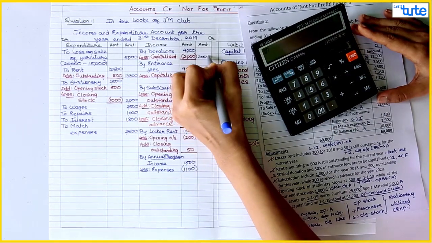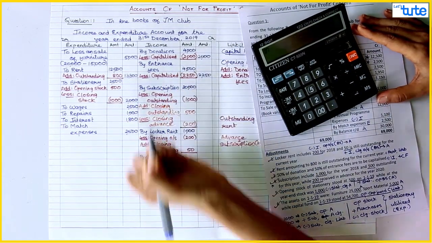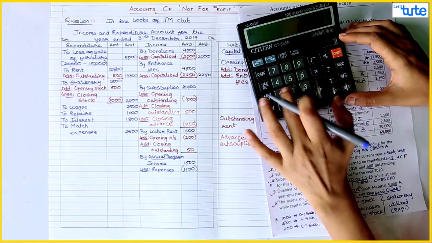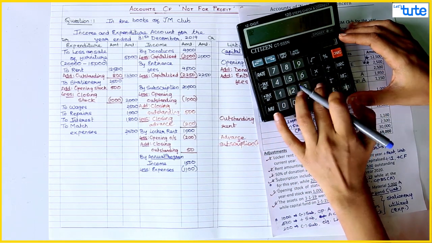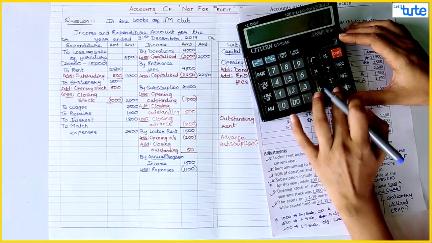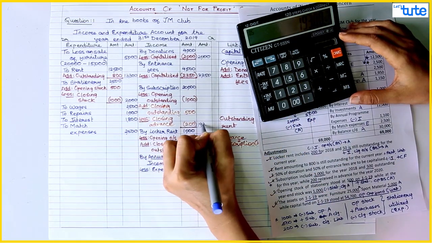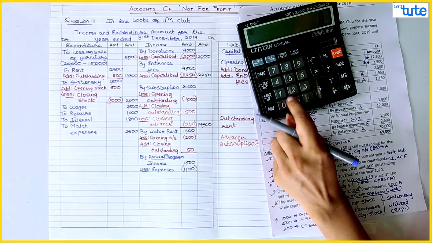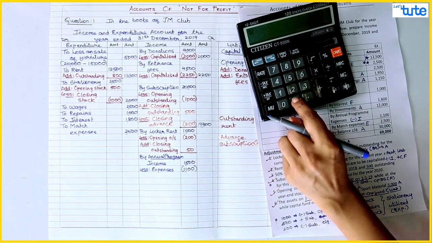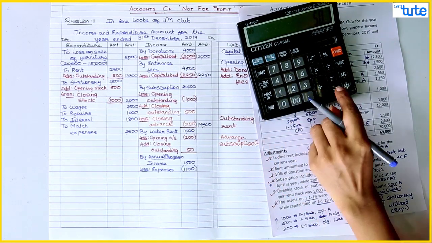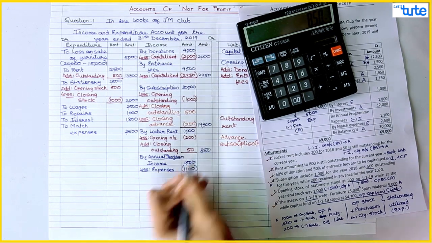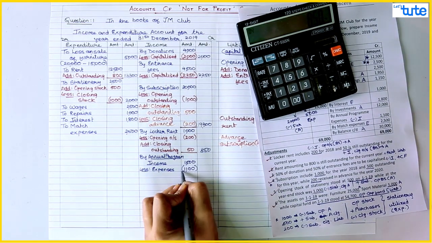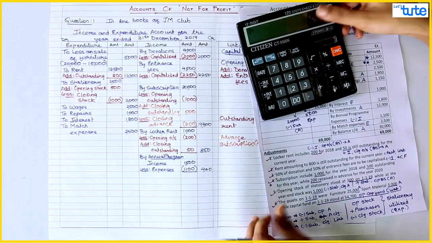This is 2,250. This is 20,000 minus 1,000 plus 500 minus 200. So that is 19,300. Locker rent is 1,000 minus 200 plus 50, 850. 1,500 minus 1,100, that is 400.